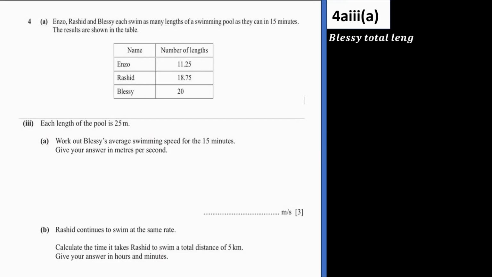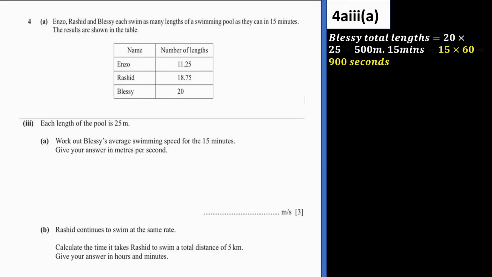And so here we said that Blessy's total length equals 20 times 25. 20 is the number of lengths. Then we are told that each length of the pool is 25 meters. So the total distance is going to be 20 times 25, which gives us 500 meters.